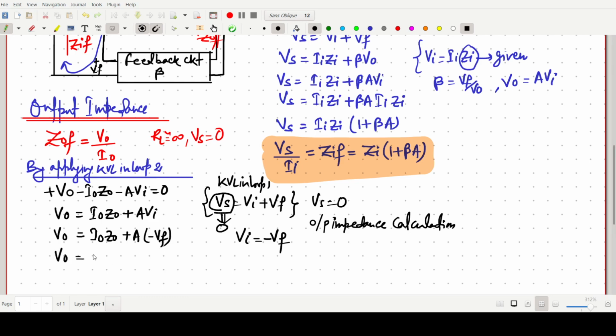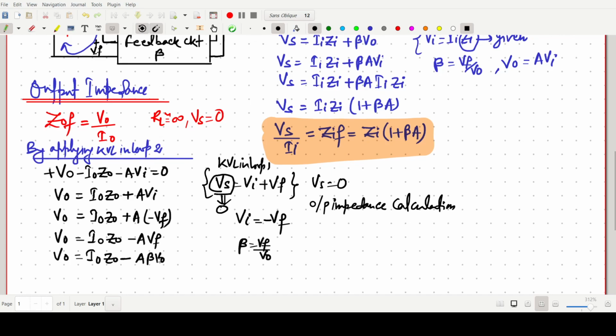Now again, it should be I naught Z naught minus A Vf. One more line I have to write. Now Vf, as we know, beta equals Vf by V naught. So Vf is beta times V naught.